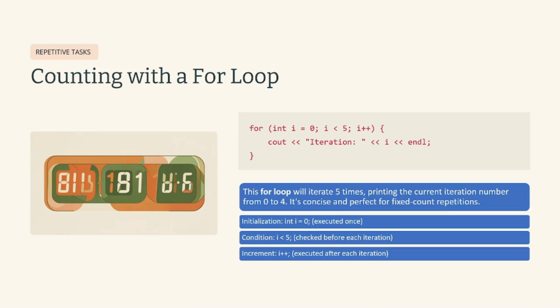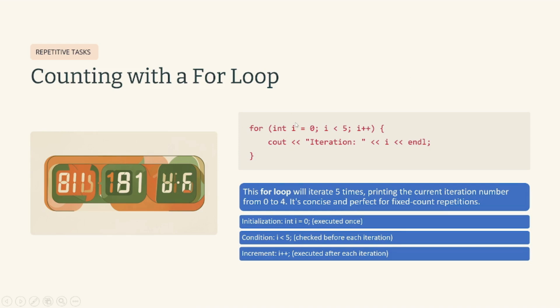In int i = 0, I declared one variable i of integer type and initialized the value of i to 0. This is the starting point of your loop. Next is the condition. Here i < 5 means the loop will continue until it reaches 5.